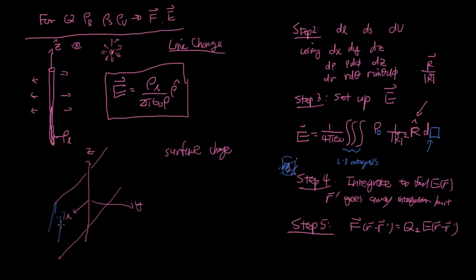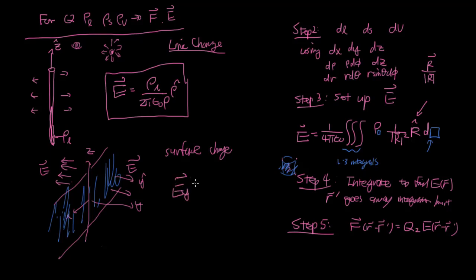Let's give it some coloring here. So we have a sheet charge density. In that case, you would expect the electric field to go out in the y direction, but for y less than 0, it's going to go in the negative y direction. So this is what you intuitively would expect it to look like.